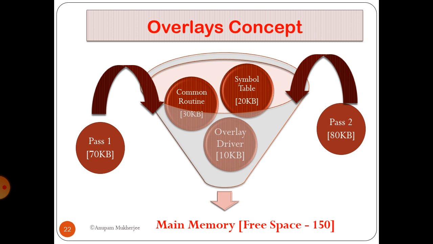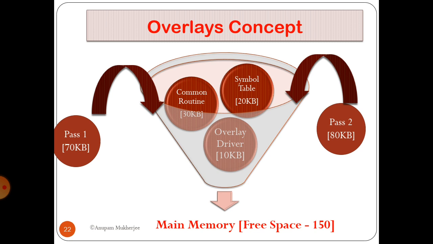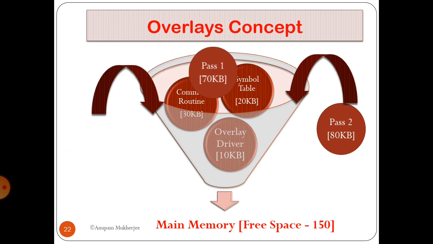Firstly, the overlay driver will fetch or call pass 1, and the execution will start. The main memory size is 150 KB, but presently the memory in use is pass 1 at 70, common routine 30, so 70 plus 30 is 100, plus symbol table 20 is 120, plus overlay driver 10 is 130.